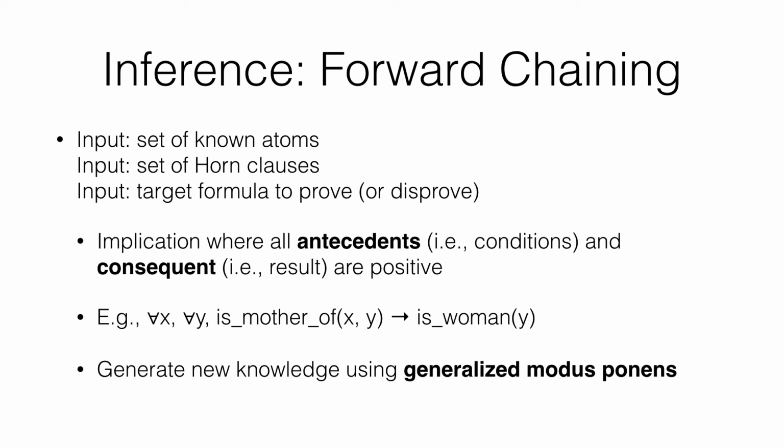So we're going to generate new knowledge using generalized modus ponens. And just notationally, we're going to omit these universal quantifiers when we write down these sentences, because whenever there's a variable, let's just say by default, a variable means it's universal, and if it's going to be existential, we're going to explicitly write down that it's existential.